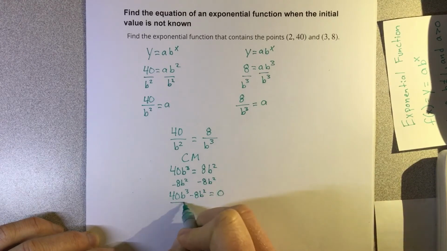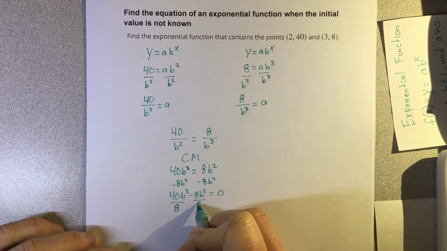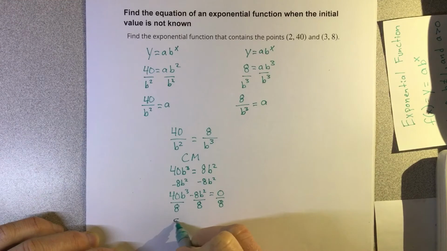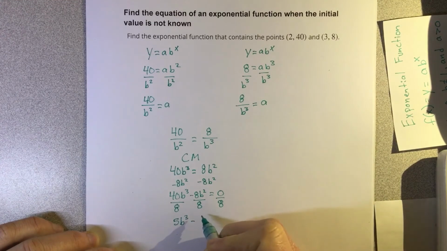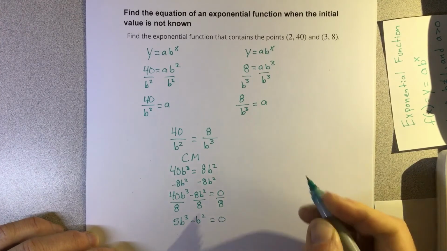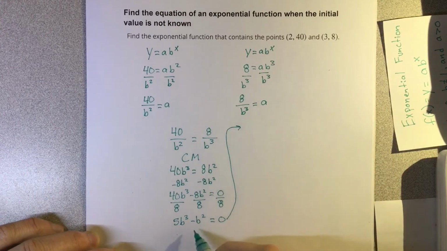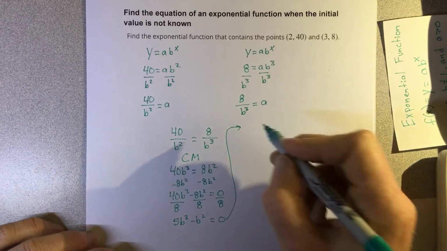I'm going to divide each piece by 8 as I'm solving here. And that's going to be 5b cubed minus b squared equal to 0. Let's do some factoring. So I'm going to factor out b squared.